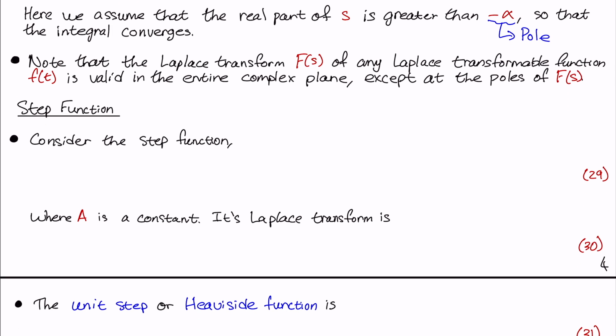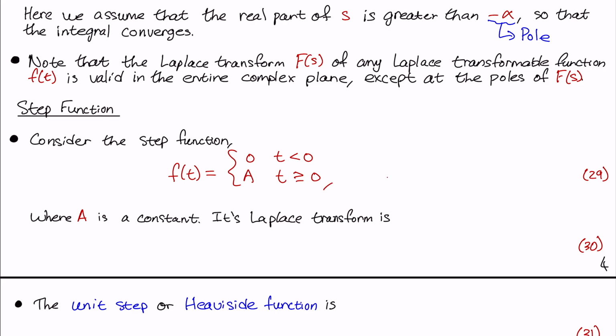All right, we'll take a look at what's known as the step function. In this case, we have f of t equal to 0 for t less than 0, and then some constant a for t greater than or equal to 0.